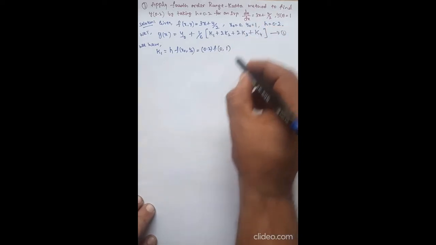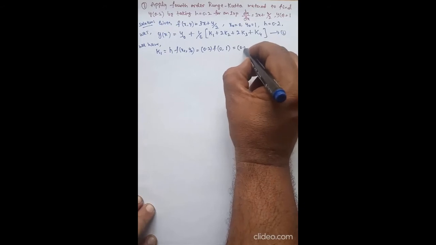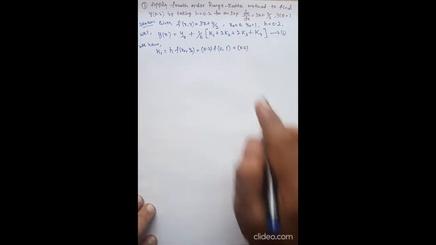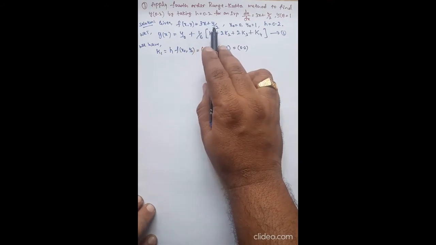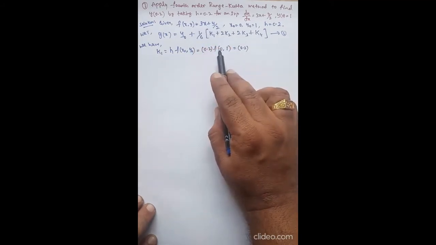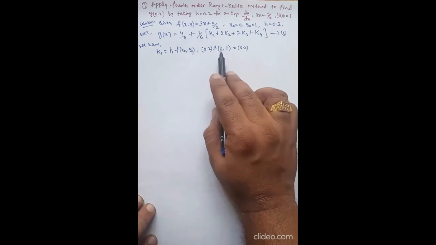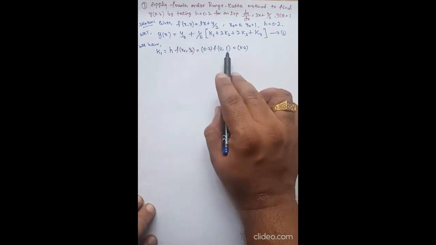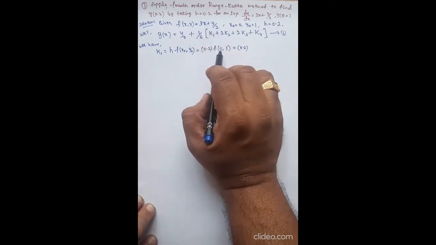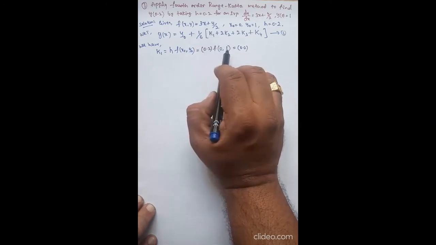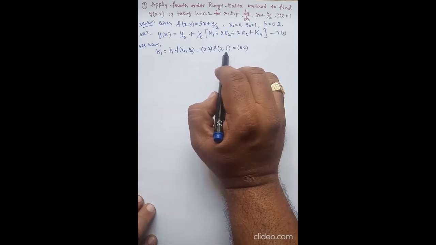So let us substitute now. It is 0.2 into. See, you know, f of x comma y is 3x plus y by 2. See, here we have f of 0 comma 1. That means in place of x we have 0 and in place of y we have 1. So in this relation, let us put x is equal to 0 and y is equal to 1. So you get f of 0 comma 1.